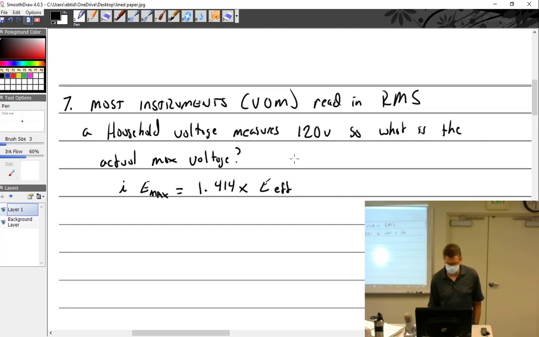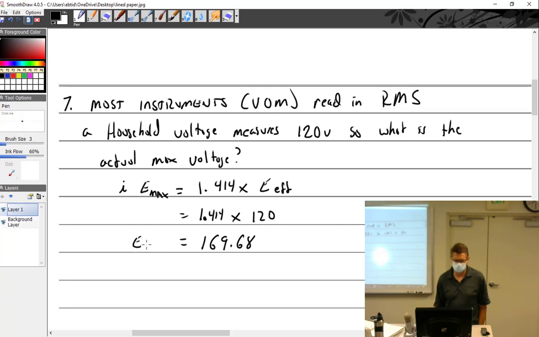Remember, effective was the same thing as RMS. So that's the same thing as saying E max equals 1.414 times 120, which means that E max equals 169.68 thereabouts.